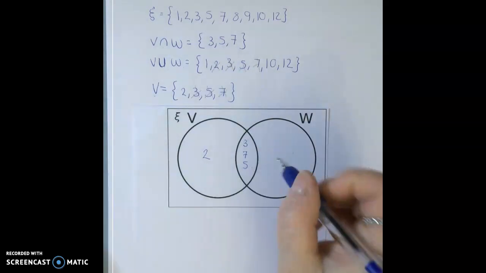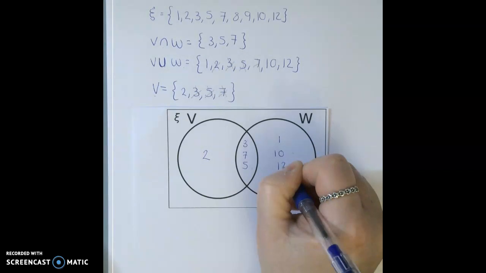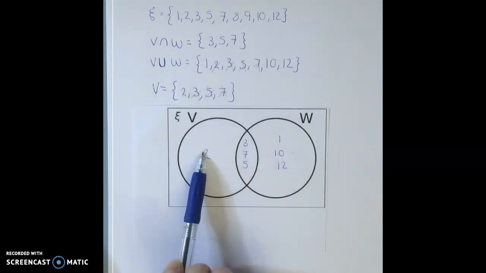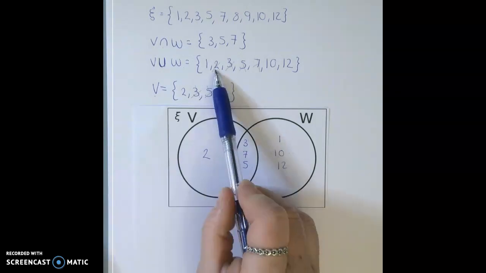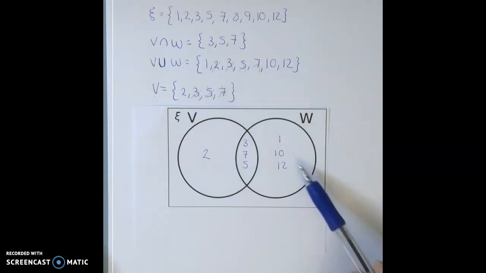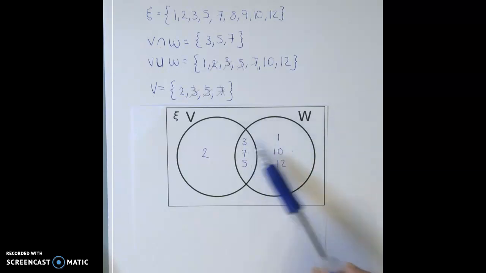So that has to be in W because this means it's in W or V. This means it's in subset W or V. So we know that these ones are in V, so the ones that are left must be in W. They're not in the middle because they're not in V and in W. They are only in W. So we know that these numbers go on there.